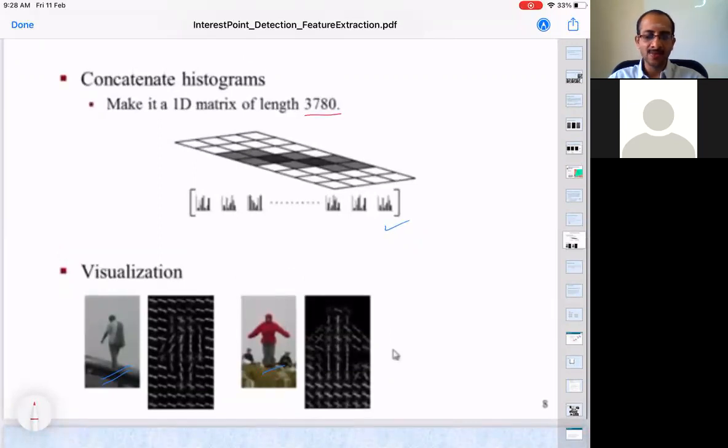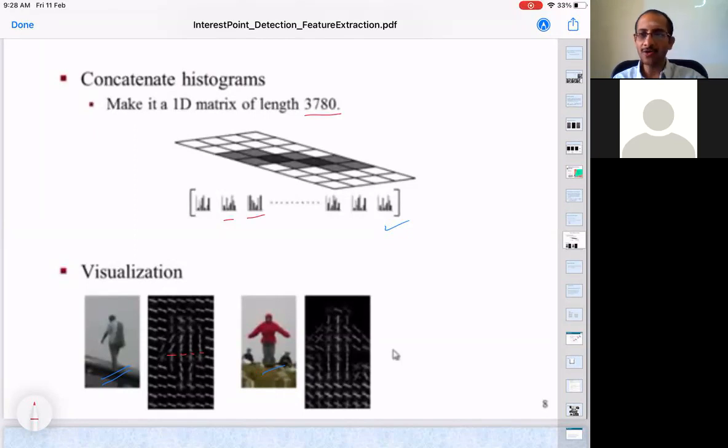Now, the speciality of this is that it encodes, in some sense, the local dominant direction. That information is already there, so that will help take the shape information into account for classifying the objects of interest, here human or non-human.